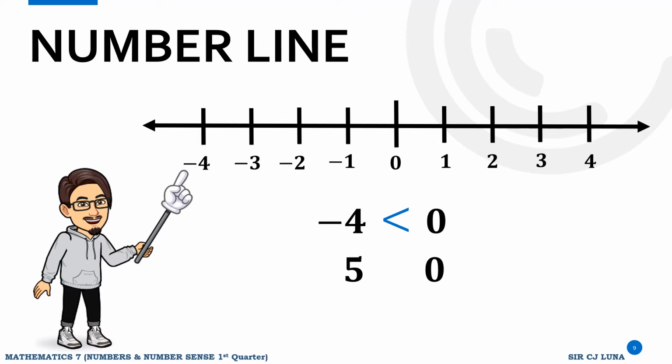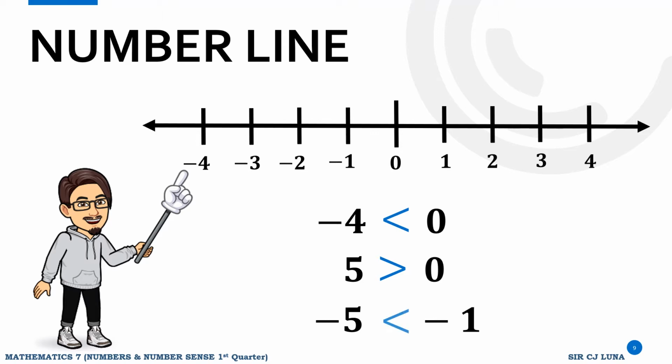Okay? Let's now have another pair. We have 5 and 0. Can you compare now 5 and 0? Okay, good. 5 is greater than 0 because we can find positive 5 to the right of 0. Kapag nasa right siya, mas malaki yung kanyang value. Okay? Very good. Lastly, we have negative 5 and negative 1. Compare now negative 5 and negative 1.